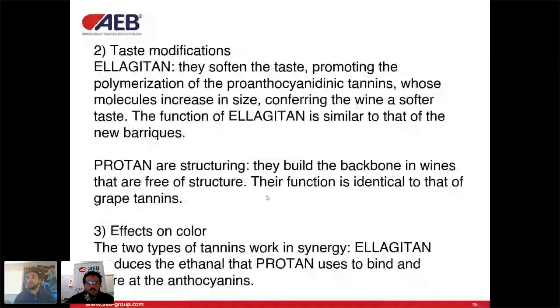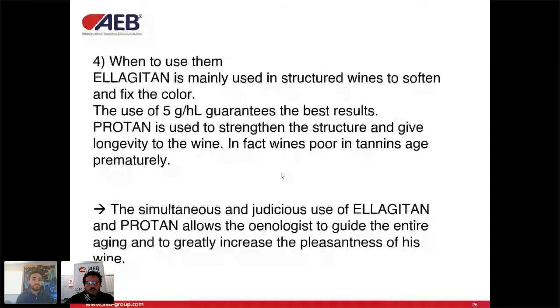And so all of these different features result in two different uses, where the Ellagic tannins are used in structured wine to soften the structure and to help fix the color, while the Proanthocyanidic tannins are used to give structure to the wine, to give more strength and aging potential to a wine that after vinification was poor in this kind of tannin.